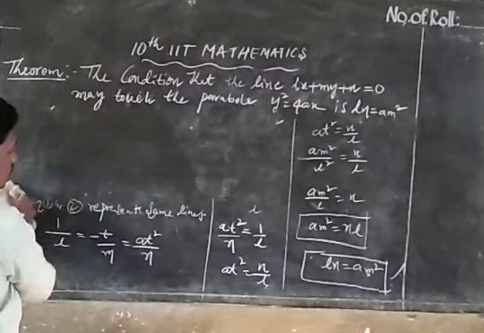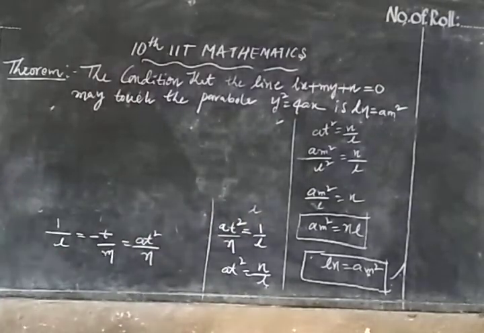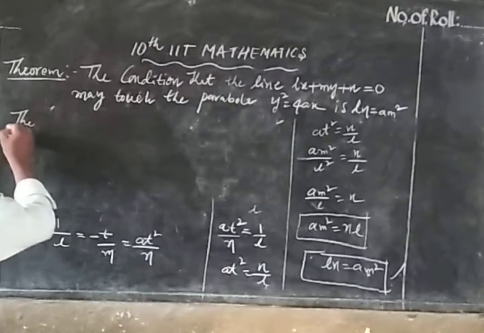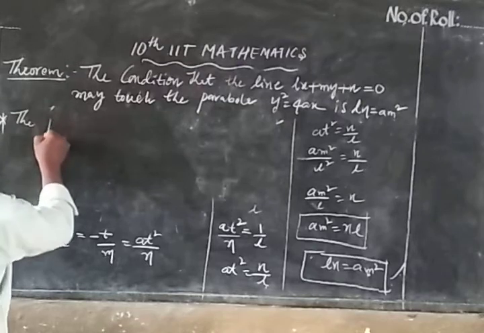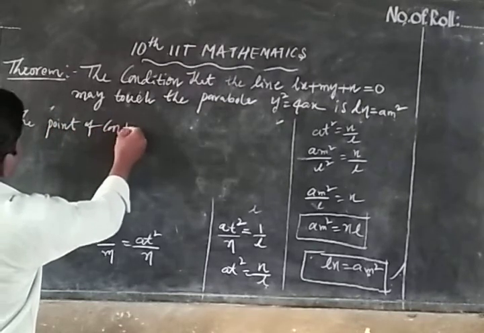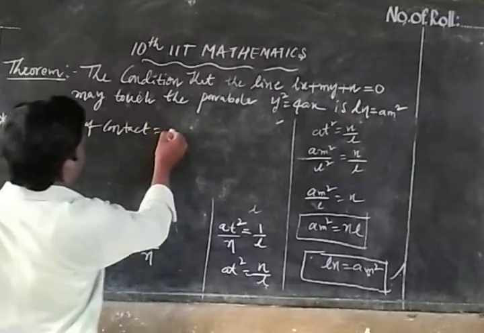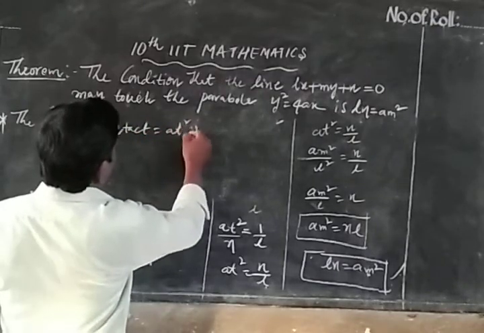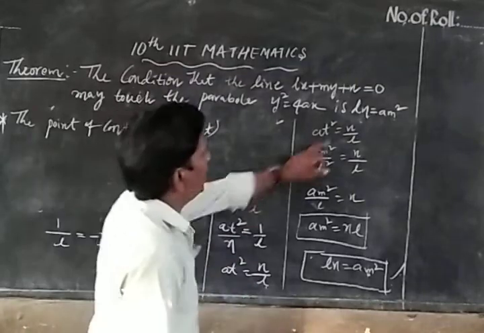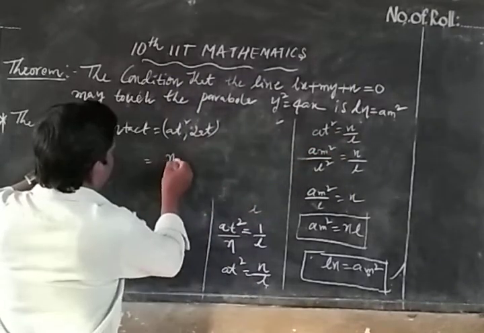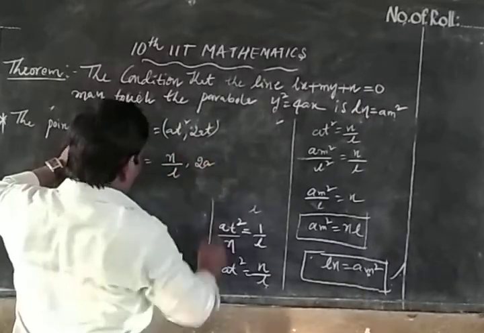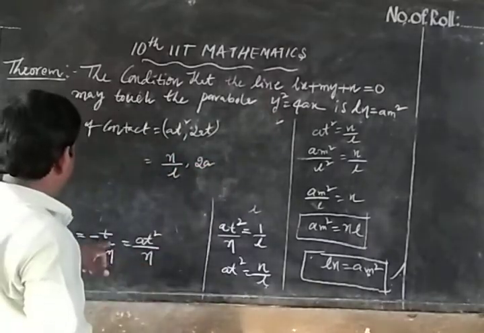Now the point of contact equals at square comma 2at. at square value is n by l, 2a, and what is the t value here?